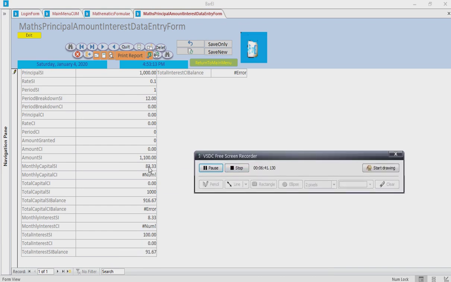The monthly capital, if it has to be repaid, should be 83.33. Monthly interest is 8.33. So the total interest is 100.